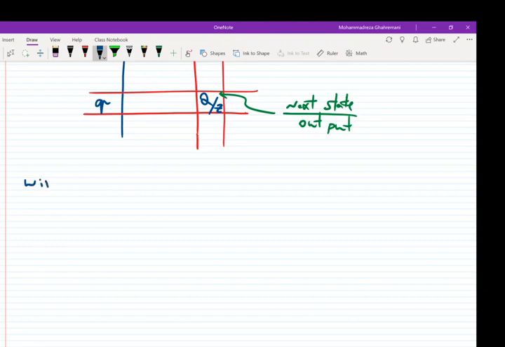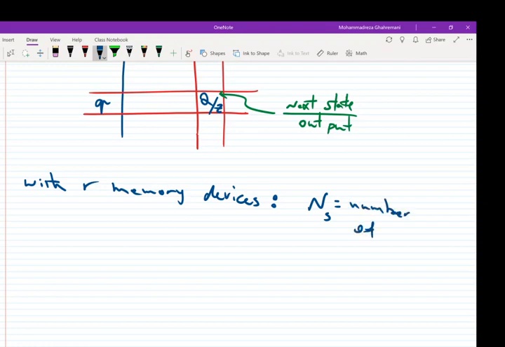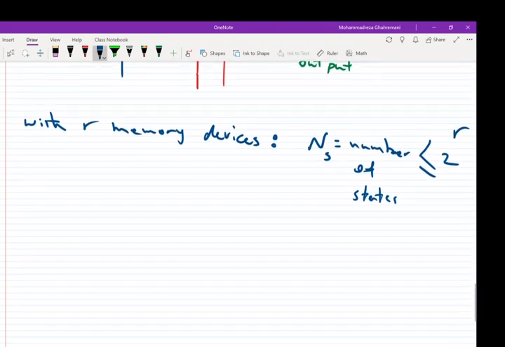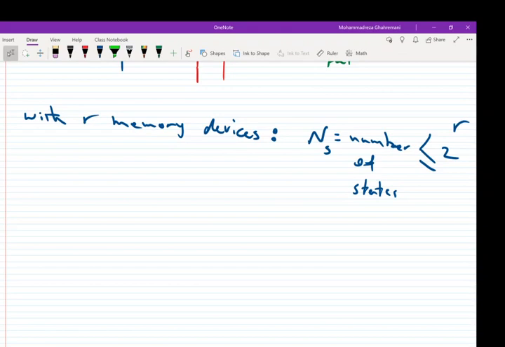So we can say with our memory devices, the number of states is less than or equal to 2 to the power of r. We can have a maximum of 2 to the power of r states. But of course we can have less than 2 to the power of r.